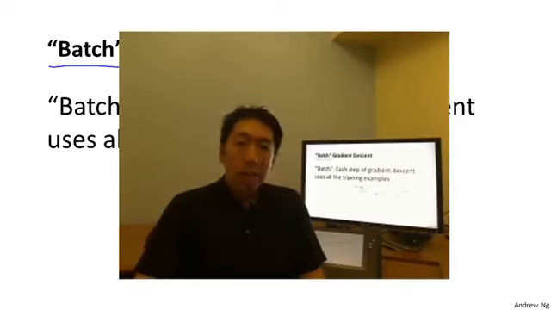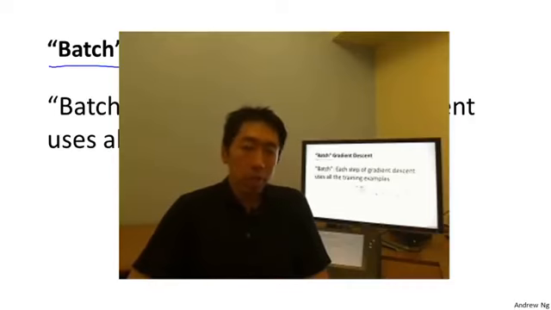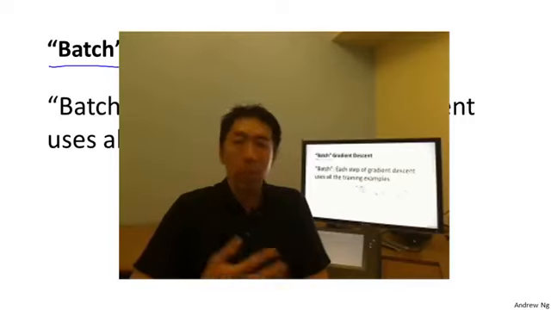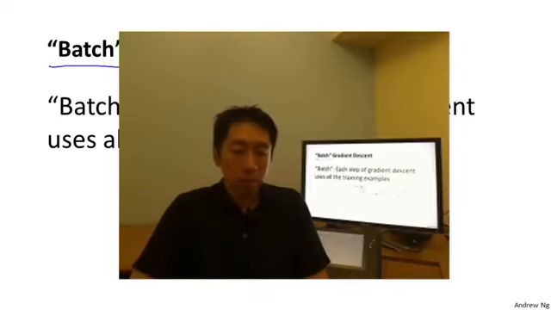If you've seen advanced linear algebra before, so some of you may have taken a class in it, you might know that there exists a solution for numerically solving for the minimum of the cost function J without needing to use an iterative algorithm like gradient descent. Later in this course, we'll talk about that method as well, which solves for the minimum of the cost function J without needing multiple steps of gradient descent.